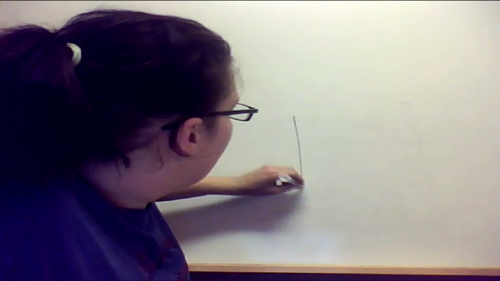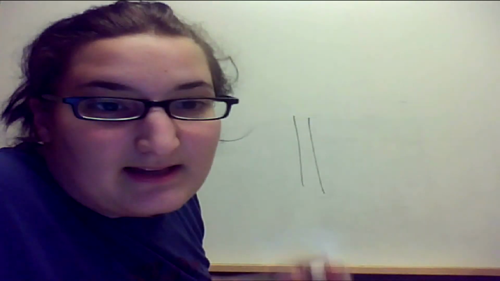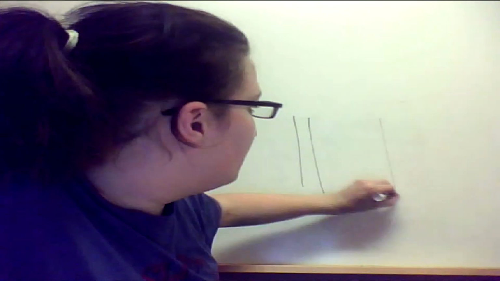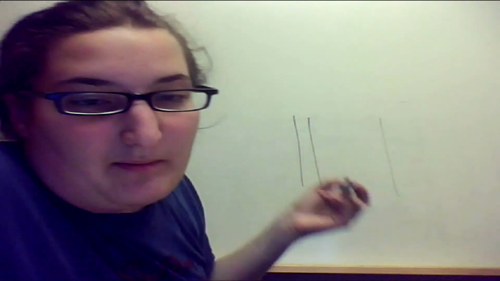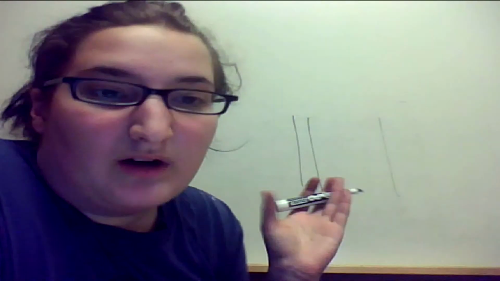One more thing you should know is a few symbols. If you see 2 lines at the end of a piece of music, that means that it's done, which is why it's at the end. If you see 1 line, that separates each measure. Each measure can have a certain number of beats.